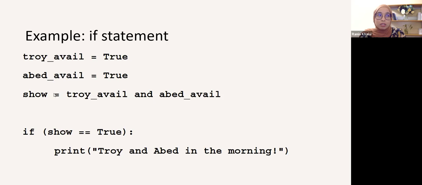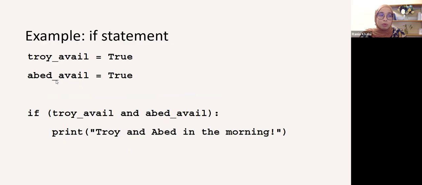So we can just skip this line and simply put all that within the if statement, okay? We can easily get rid of that entire line and just replace it with this line, okay?